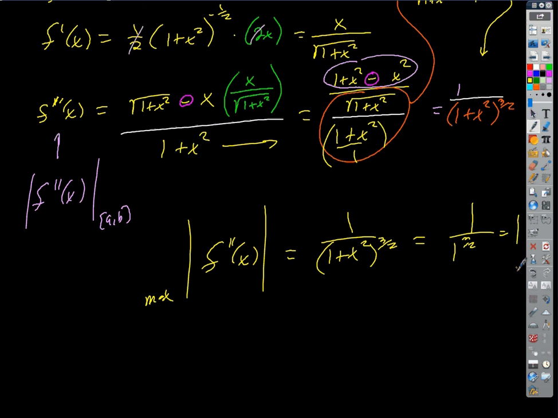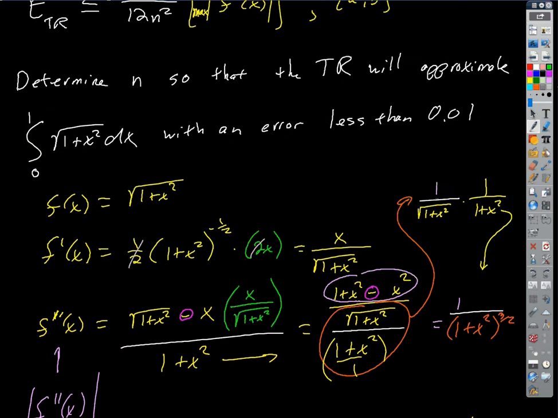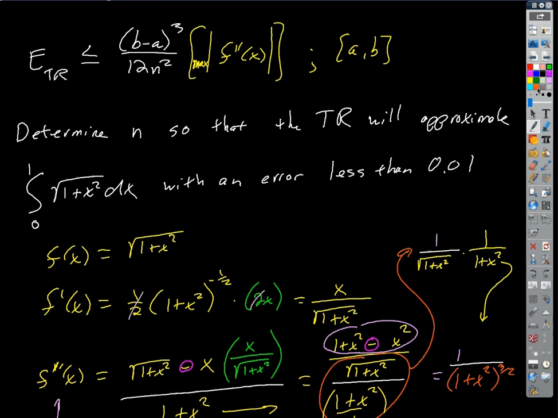Wow, so 1 trapezoid is the best. So now we know the value of this. This was the hard part. That value is 1.